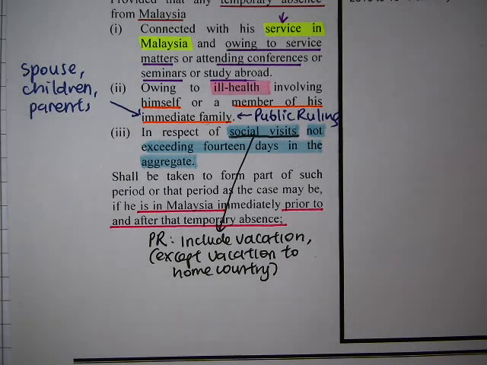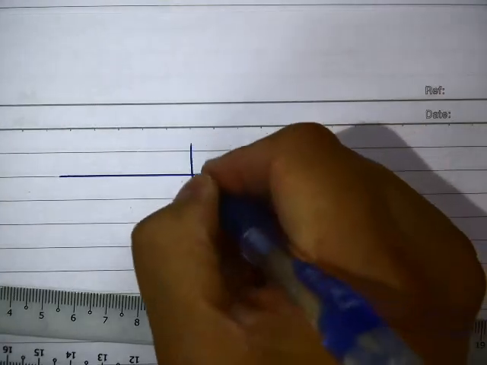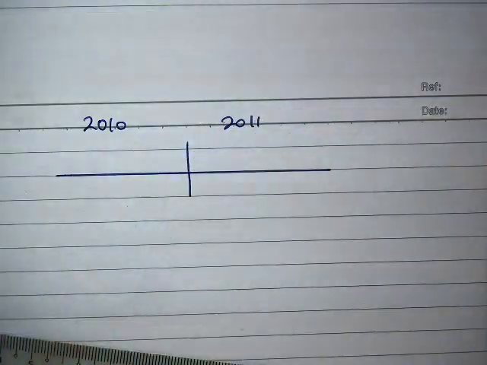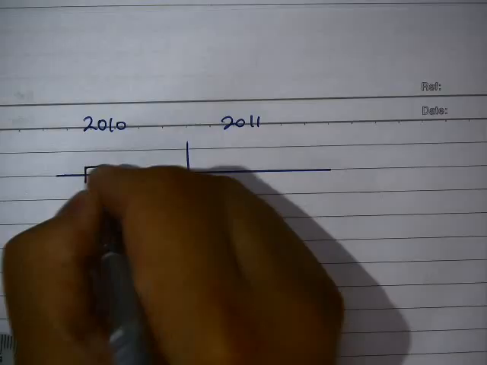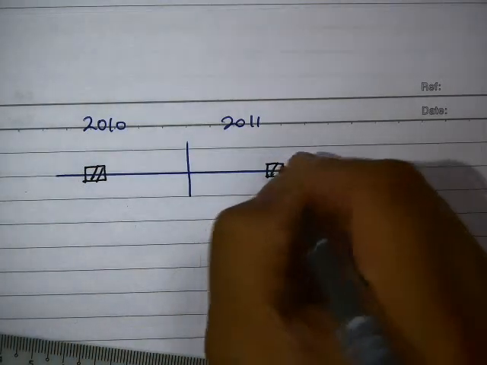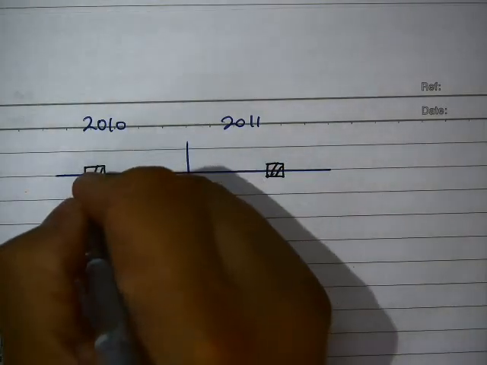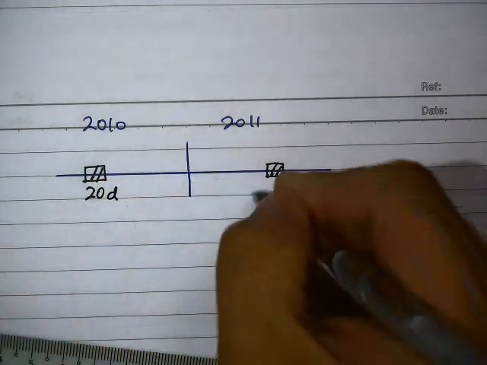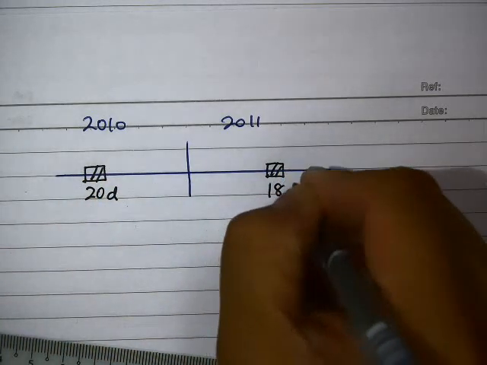So let's say for example, okay class, I'm going to draw here. Let's just take these as 2010 and 2011. Let's assume that you're in the country here and you're in the country here. This is for 20 days and this is for 18 days.